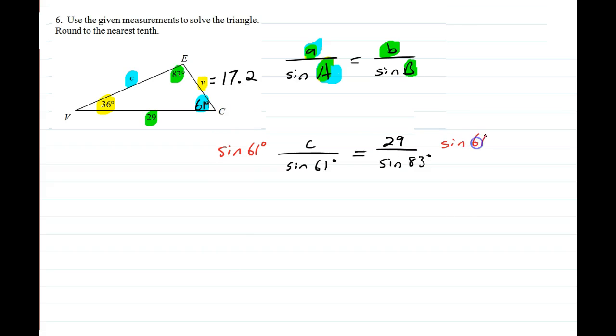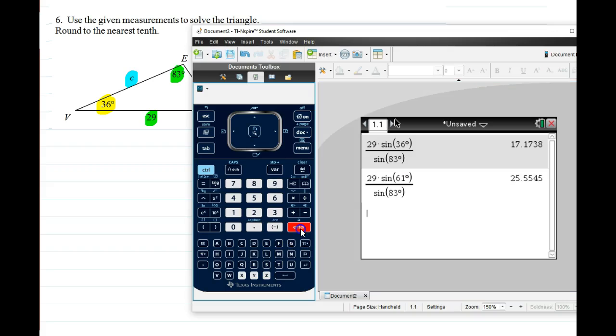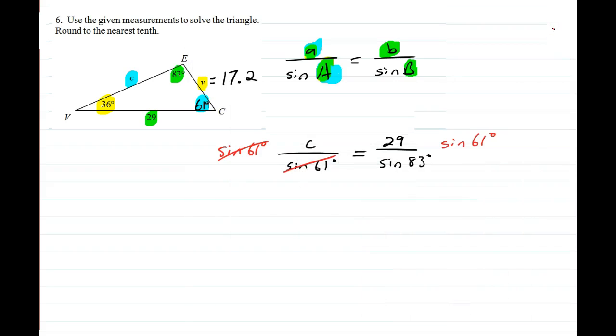So it looks like we get 25.6. So that tells us that c is 25.6. And so now I have all three sides, and now I have all three angles, so we've solved the triangle.